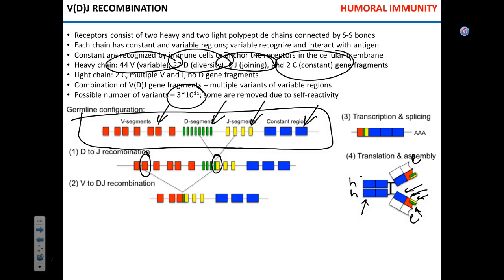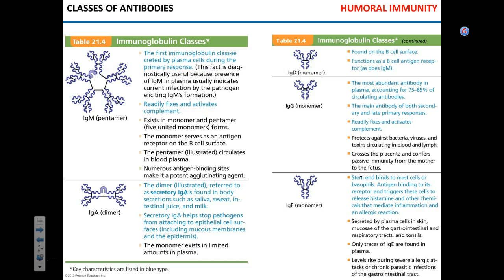That's what happens here. A combination between those genes, VDJ recombination, provides you with an enormous number of variable regions, Fabs, on the antibody. Does that make sense? Okay, so that's how we produce so many variants.